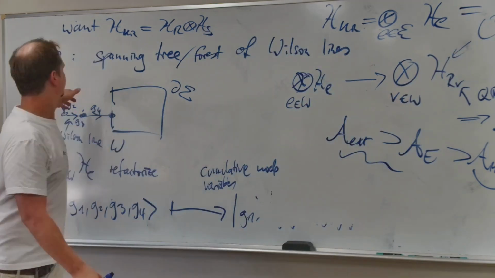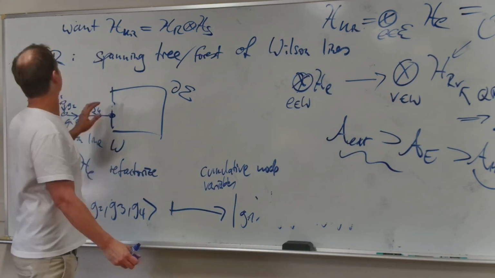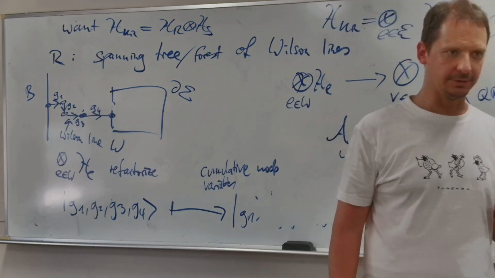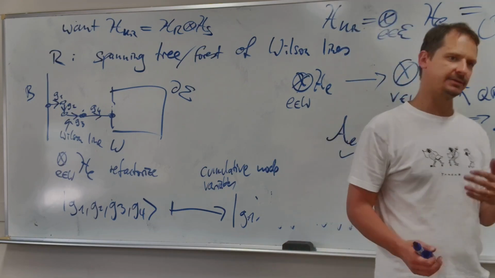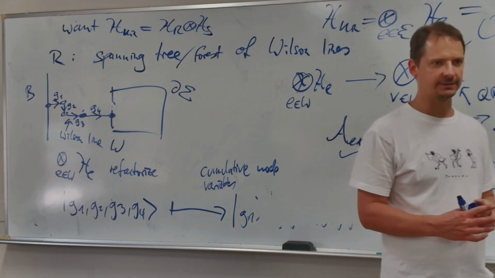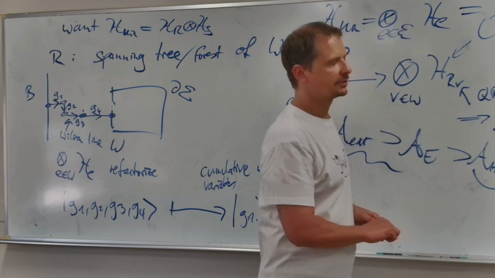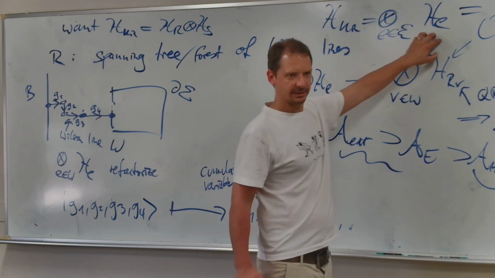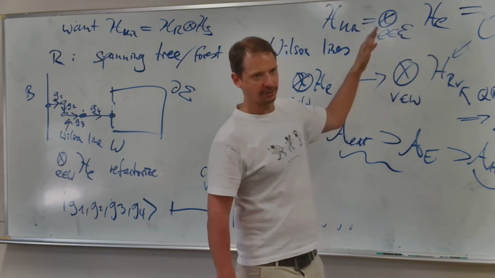If you want to do this for the full lattice, R should be any spanning tree of Wilson lines, because the Wilson lines have these reference frame properties, as I showed in the continuum, and it should also be clear that they have that here. So these are edge variable based decompositions.